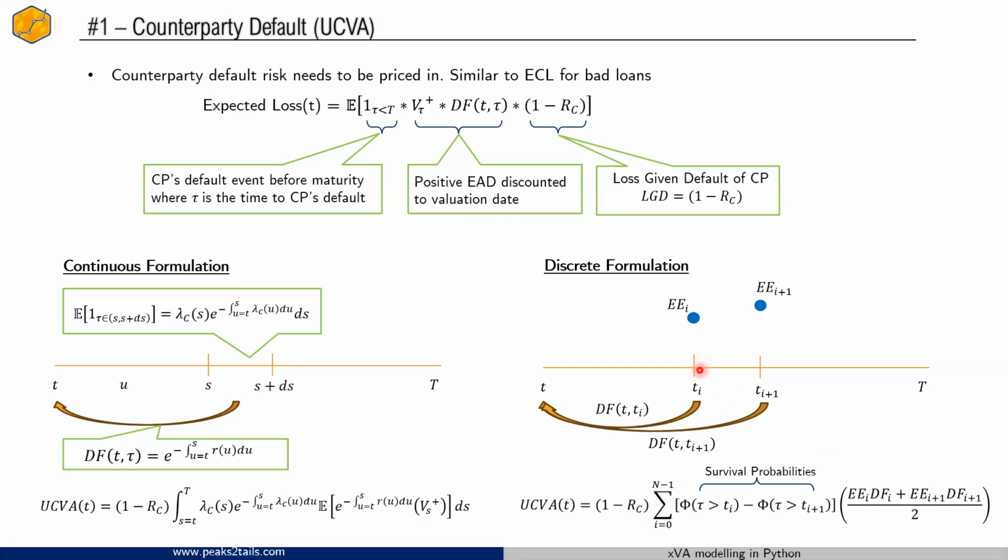We have to take the product of PD in this interval, which is conveniently given by this, no issues, times expected exposure in this interval times discounting factor from here to T. Now you tell me, what is the EE and DF I should take? It's a whole interval. Should I take this one or this one? Better yet is to take average of both.